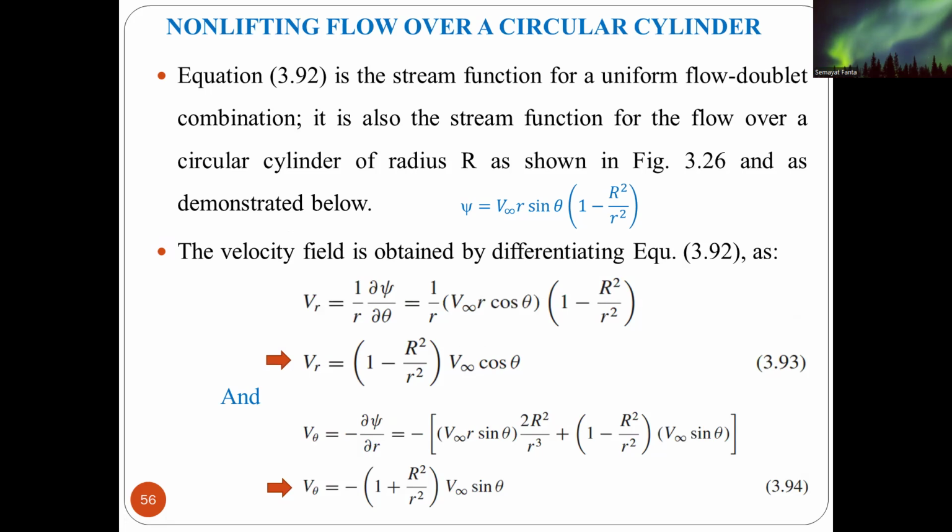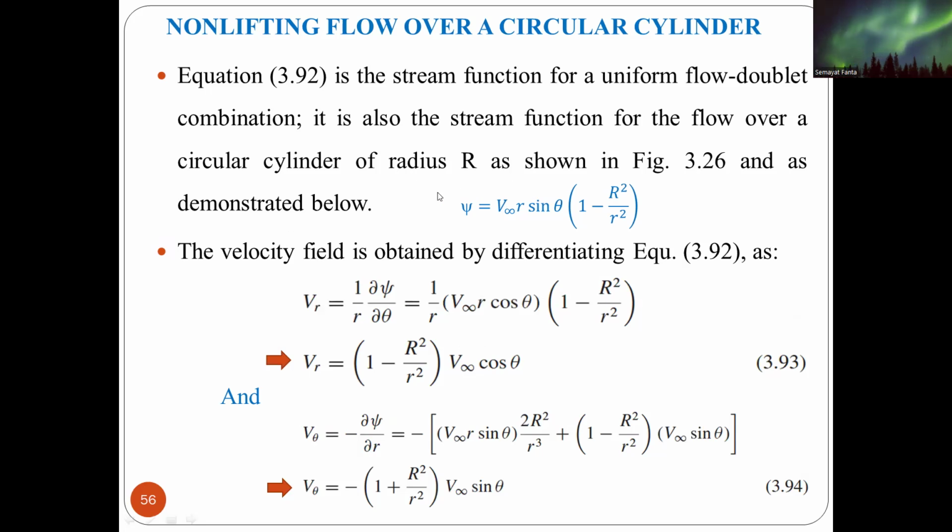Our Vr is 1 minus R squared over r squared, the whole times V infinity cos theta. And V theta is minus 1 plus R squared over r squared, times V infinity sine theta. These are the velocity field, which is obtained by differentiating psi.